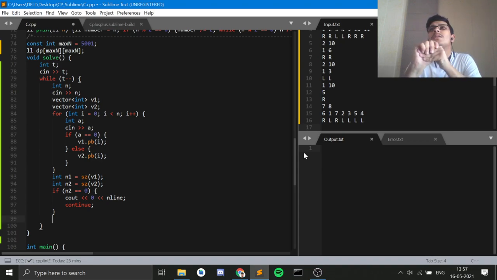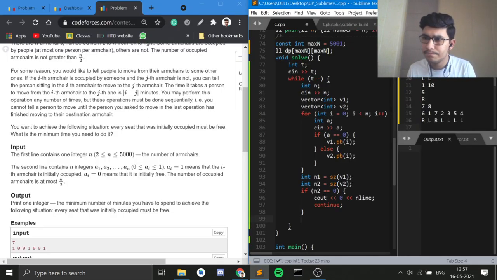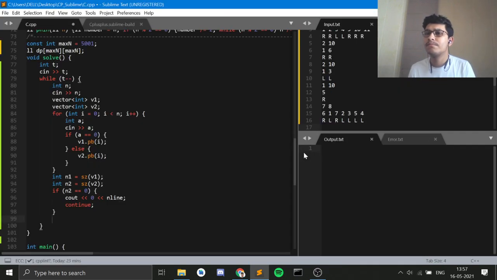so how will this DP work? Okay, let's do it recursively.